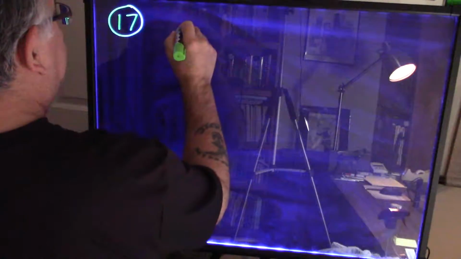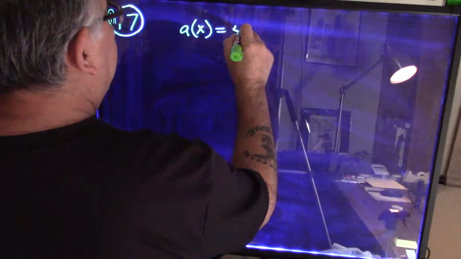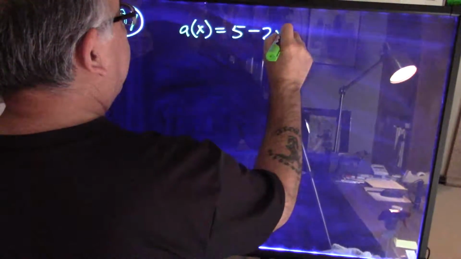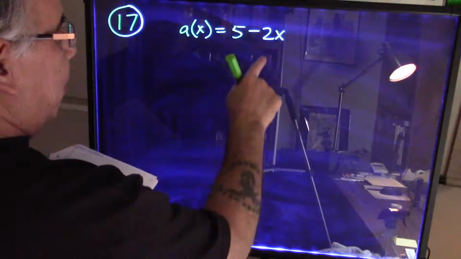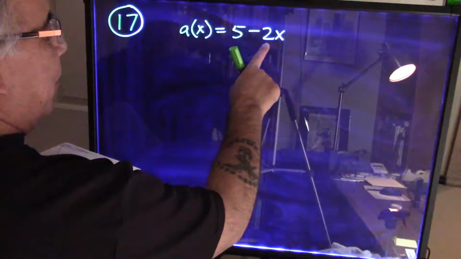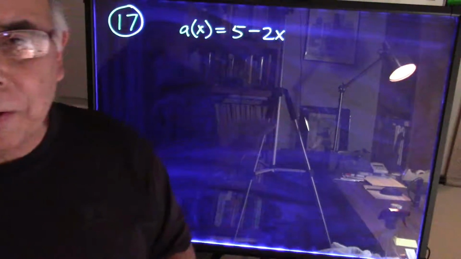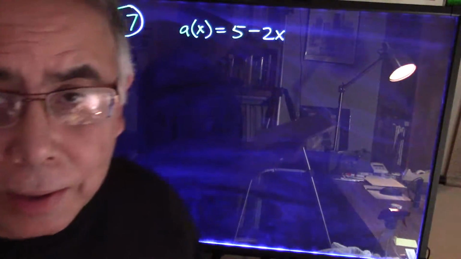Number 17. A of x is 5 minus 2x. Again, the slope is the number which is next to the variable here, and that's a negative 2. Alright? Since it's negative, it's decreasing.